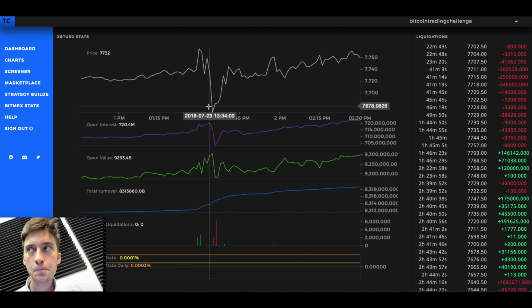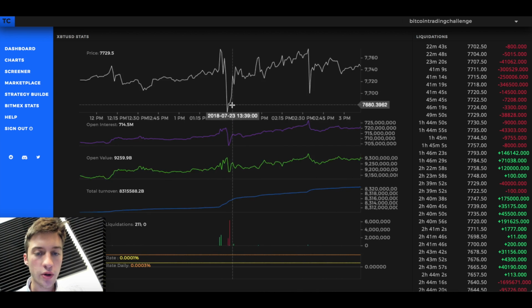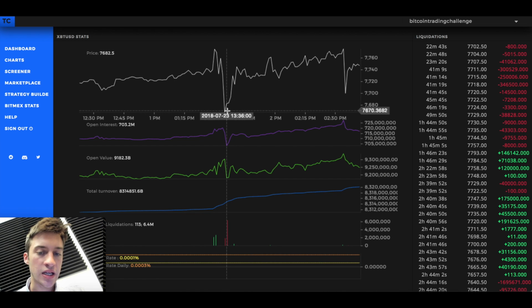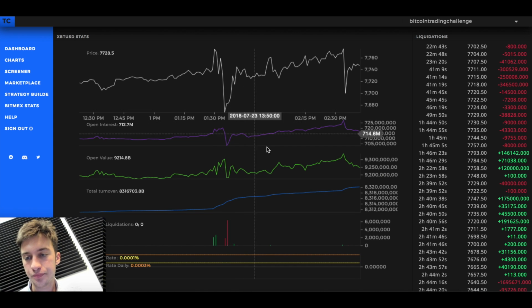So about 8.3 million long contracts getting liquidated at this price, 76, 75. What we want to see is if we see price beginning to move in this direction after these liquidations occur, this represents an opportunity for us to buy in.